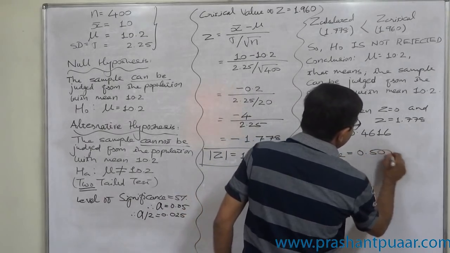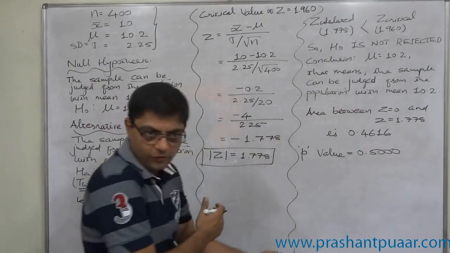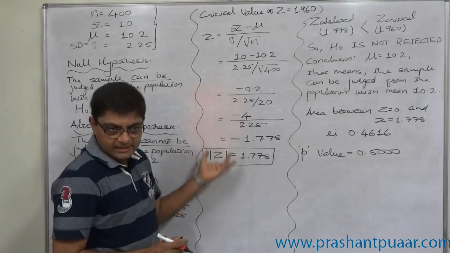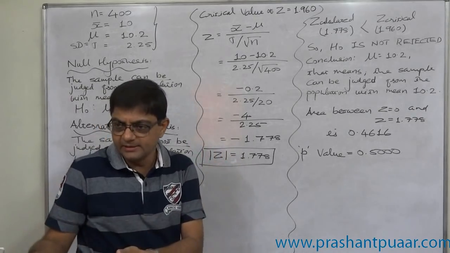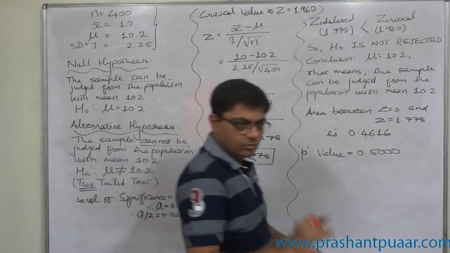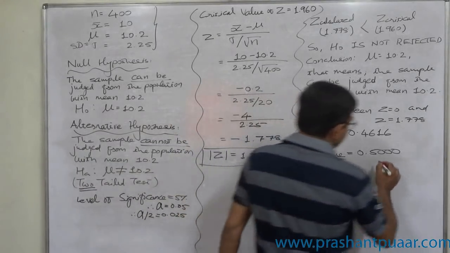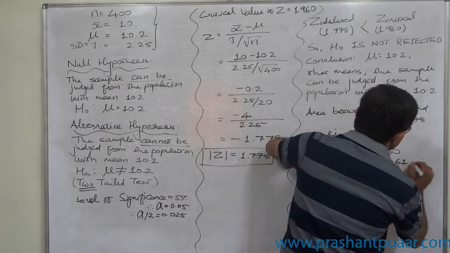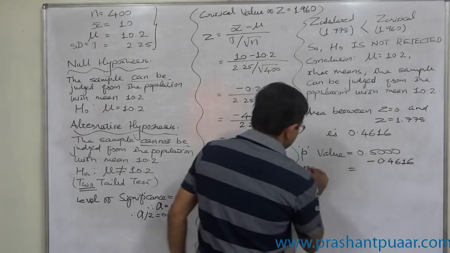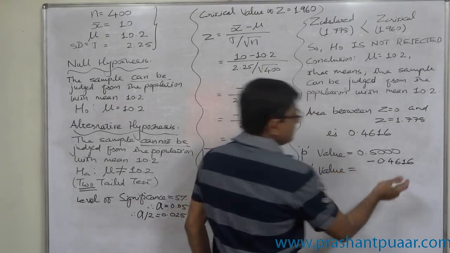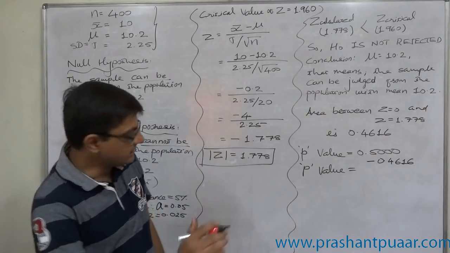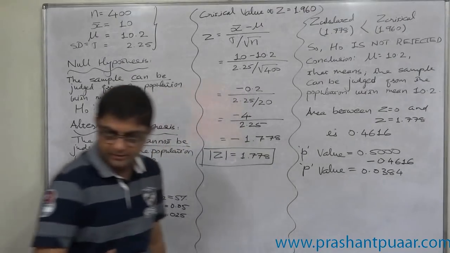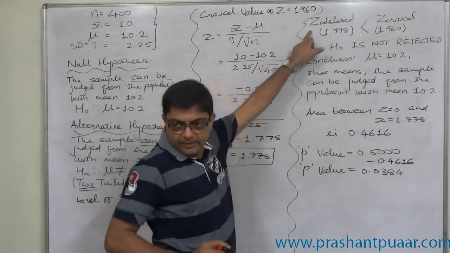P-value means area of the relevant half of the normal curve, left hand side or right hand side, whatever the value of z is. It is 0.5, either it is left hand side or right hand side. So sign is again not important. It is 0.5 minus this area, 0.4616. The answer is known as p-value. What is p-value for this case? It is 0.0384.